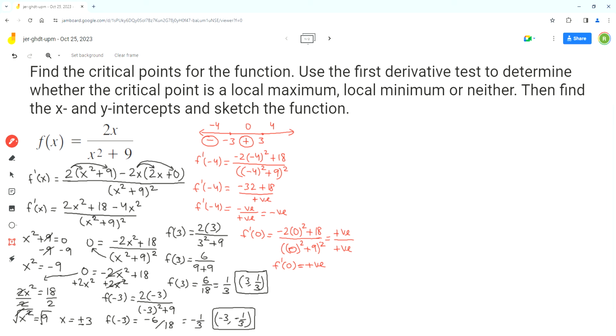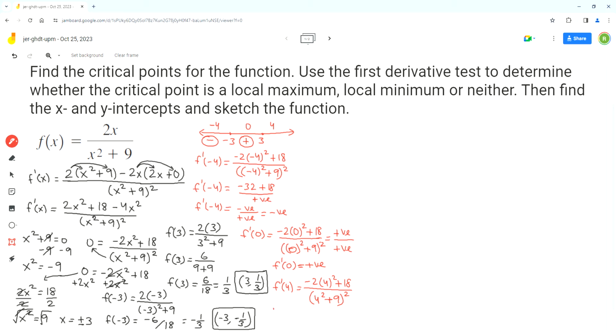Now we can do the test for the test value x equals 4. So f prime of 4, we get negative 2 times 4 squared plus 18 over 4 squared plus 9, squared.